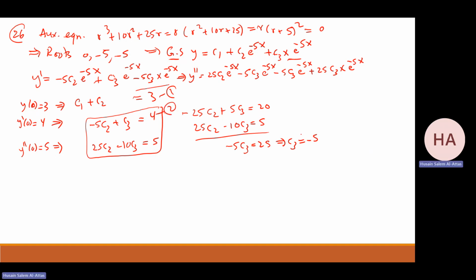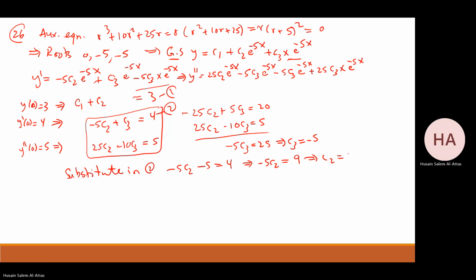Plug it in, got this one. This is 2. Substitute into to get what? Minus 5C2 minus 5 equal 4. So minus 5C2 equal 9. That implies C2 is minus 9 over 5. Substitute into 1.